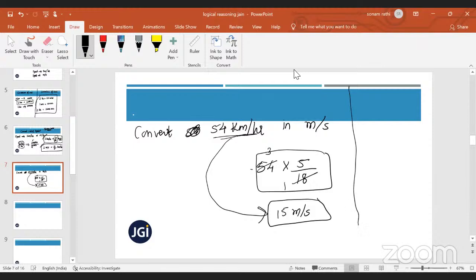Second, convert 10 meter per second to kilometer per hour. How will I do this?